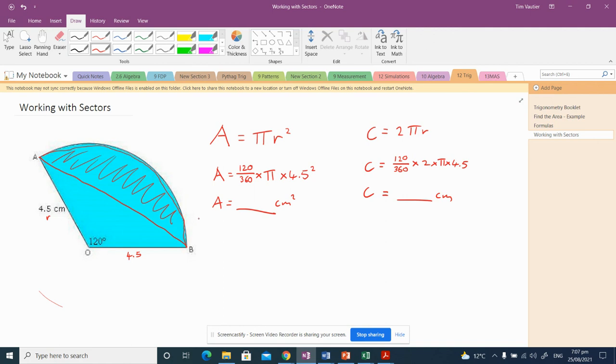Using a bit of measurement thinking and your understanding of area, you might also be able to calculate the area of this triangle. Your full sector area, take away the area of the triangle, would be a way to calculate that, for instance. But you just have to work flexibly depending on the situation and the question that you're dealing with.